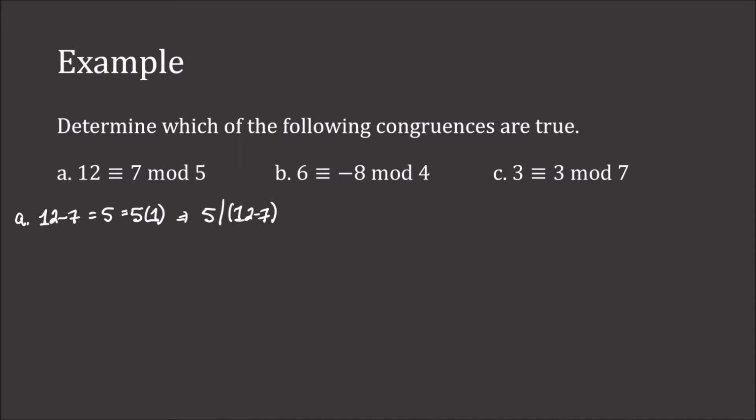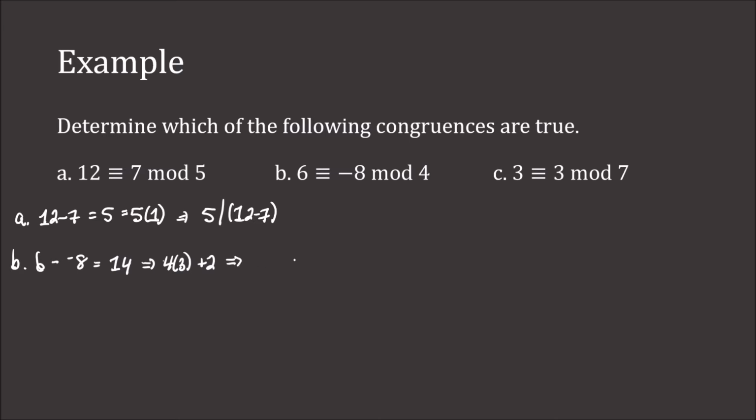Now is 6 congruent to negative 8 mod 4? Well, we just do the same thing. 6 minus negative 8 is equal to 14, and 14 can be written as 4 times 3 plus 2.